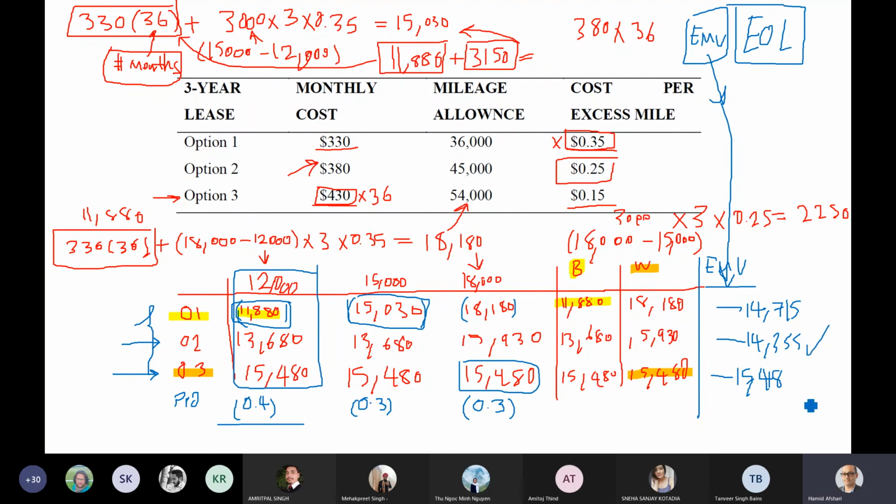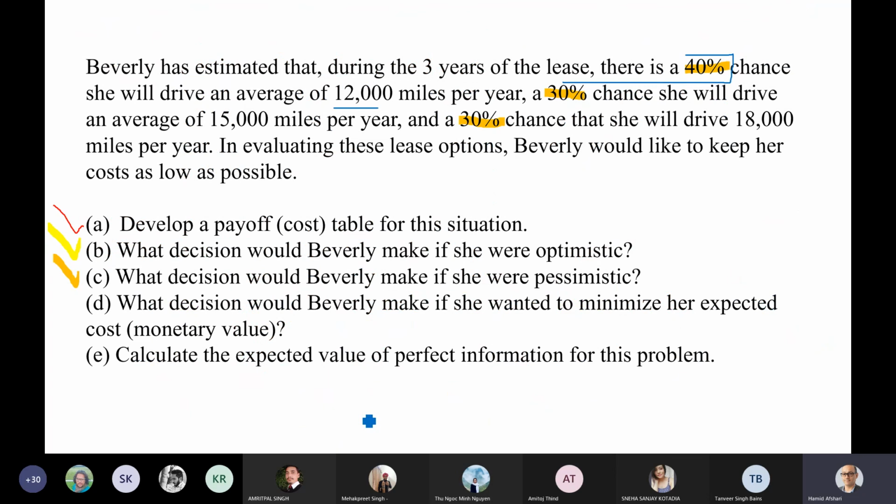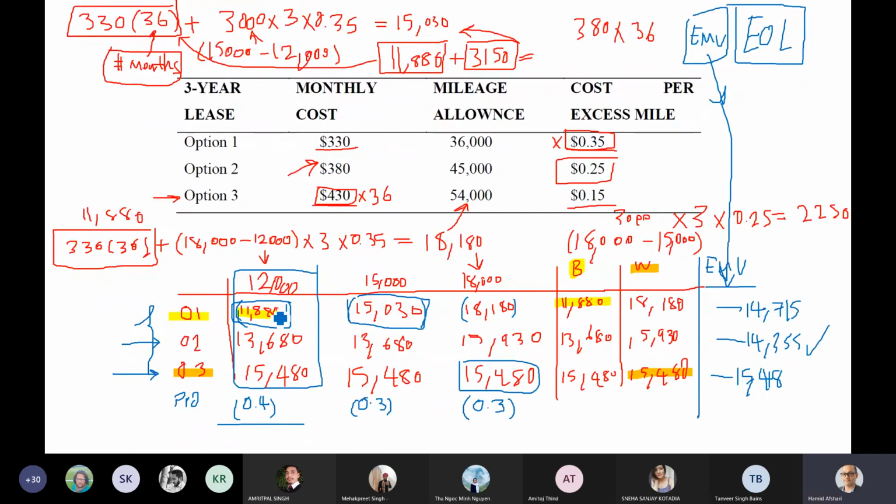So in this case, you need to go with the second option if you want to minimize expected monetary value. Okay, and calculate the expected value of perfect information for this problem. So what is the best value in this column? 15,480.